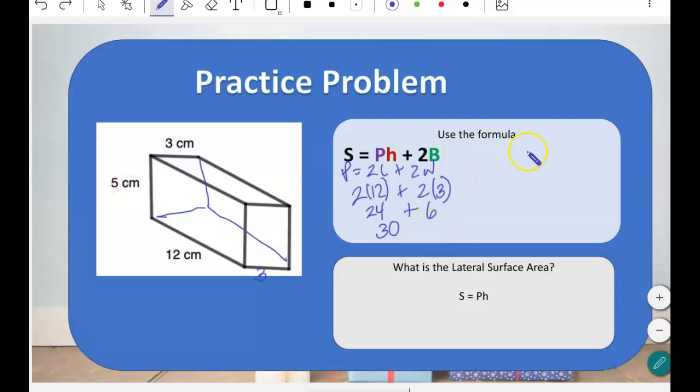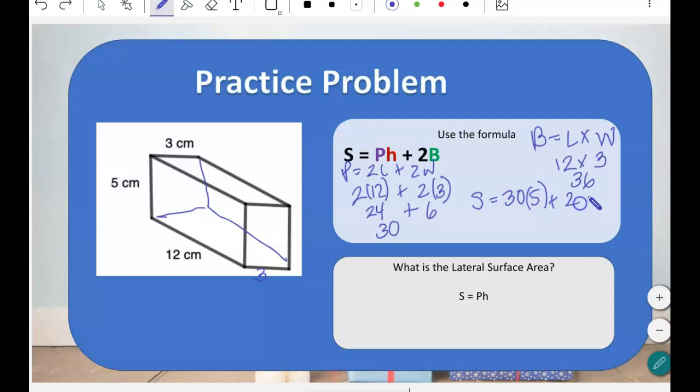All right, we'll put it all together in just a minute. So now we're going to find B. It's a rectangle, so area is going to be length times width. We're just going to do 12 times 3, and that's 36. So put it all together. Total surface area, our P is 30. The H is 5.